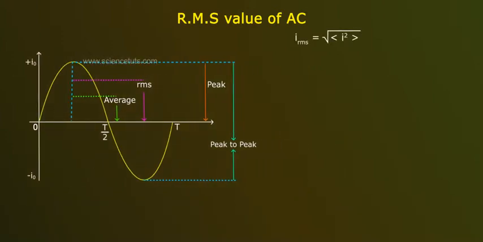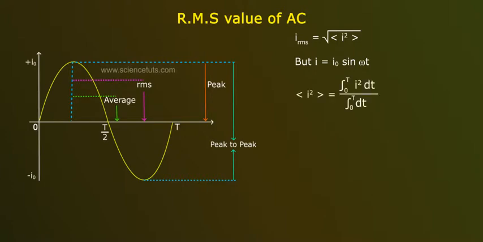I_RMS equals the square root of average I squared, but I equals I naught sine omega t. Average I squared equals the integration from 0 to T of I squared dt by the integration from 0 to T of dt.